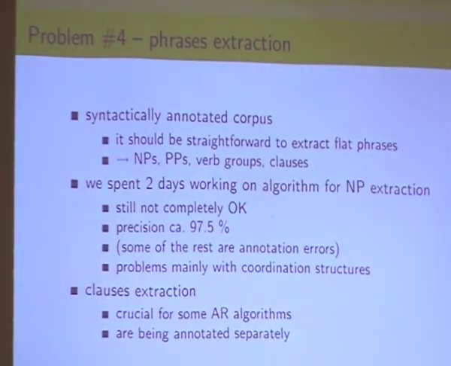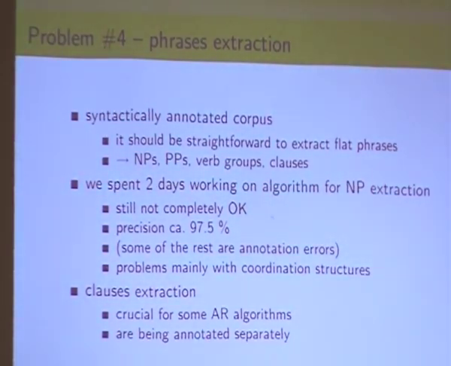This is dependent on the project. We are doing a semi-automatic analysis, so we take the output of the parser, or in this case the output of the PDT, and we let the annotators decide correctness or incorrectness.